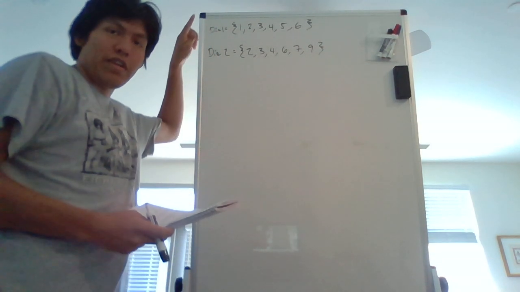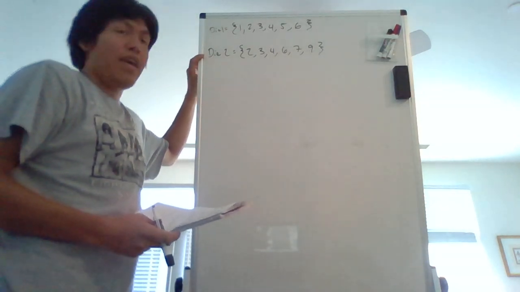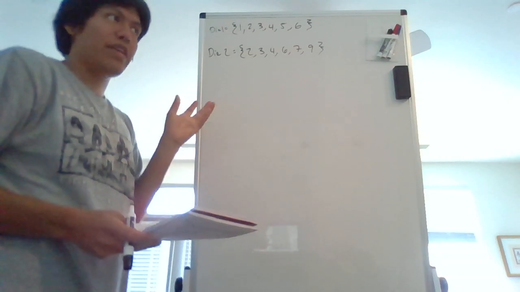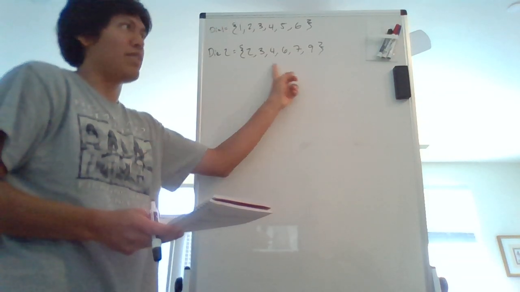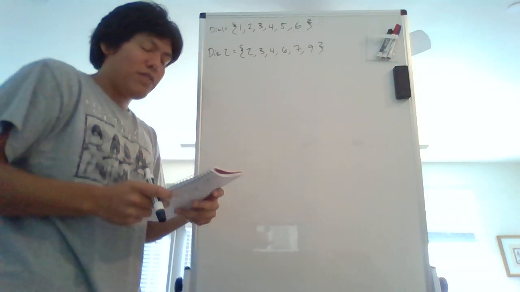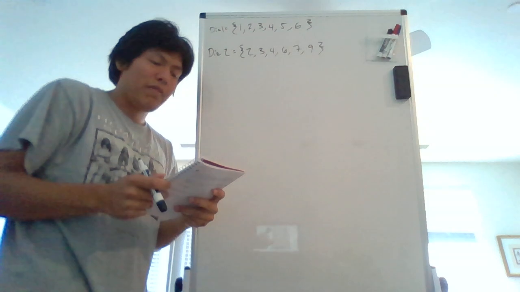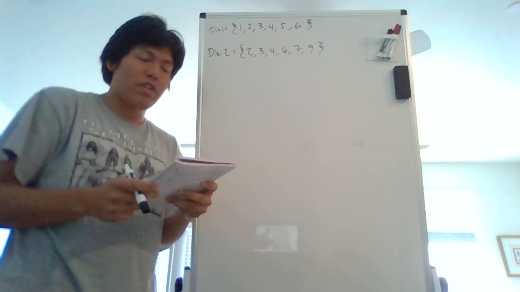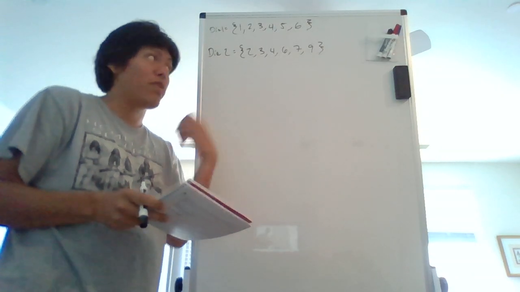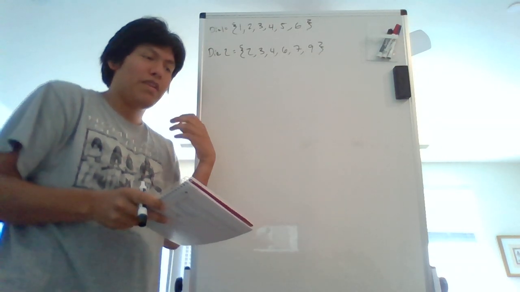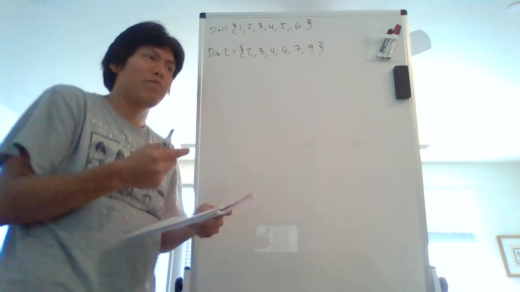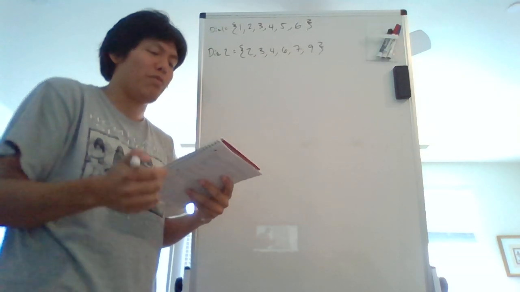It's still a 6-sided die, it just has these as the numbers on it. We need to find the probability that the total number of dots from both dice is greater than or equal to 10. So if we throw both of these at the same time, what's the probability that the number of dots, when you count them up, is greater than or equal to 10?